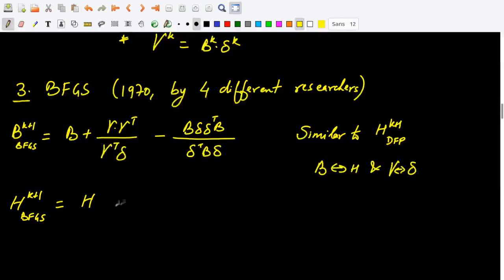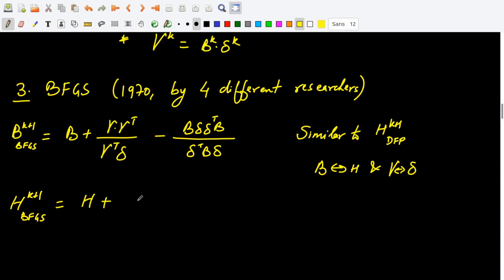And it turns out that this property of looking at the formula for DFP and merely replacing B by H and gamma by delta works even for this case.